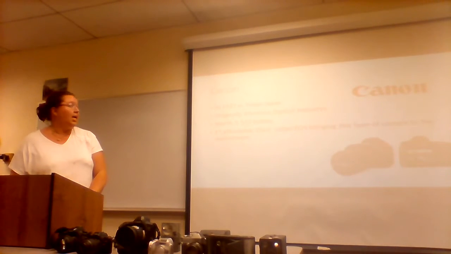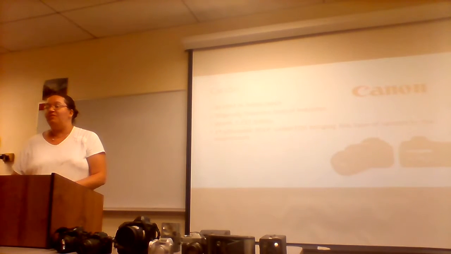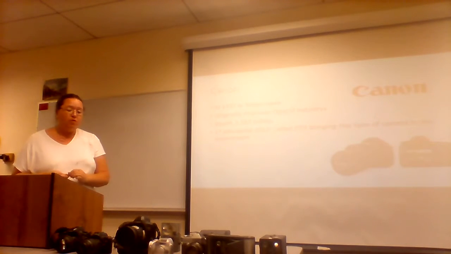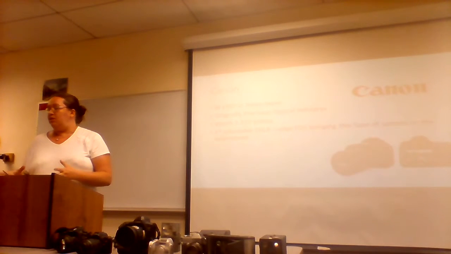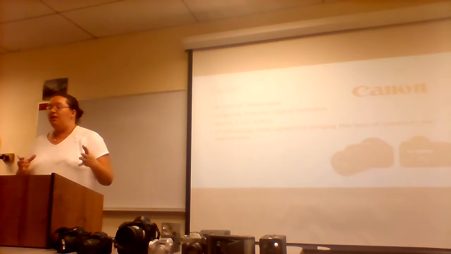Another big name would be Canon, and they started also in Tokyo, Japan in 1937 under the name Original Precision Optical Industries. They are worth $3.557 trillion. And they are kind of what brought the digital DSLR, both in the film and the digital. It made it affordable.